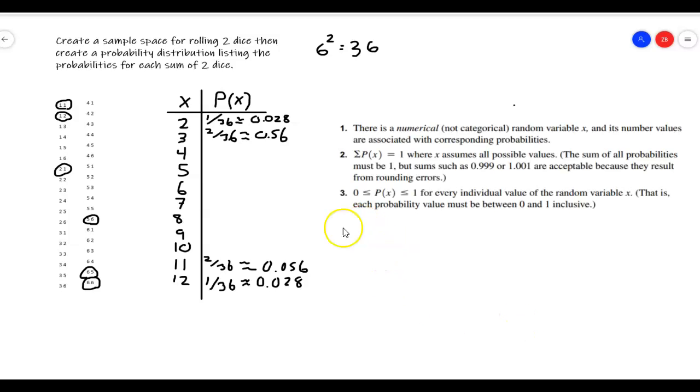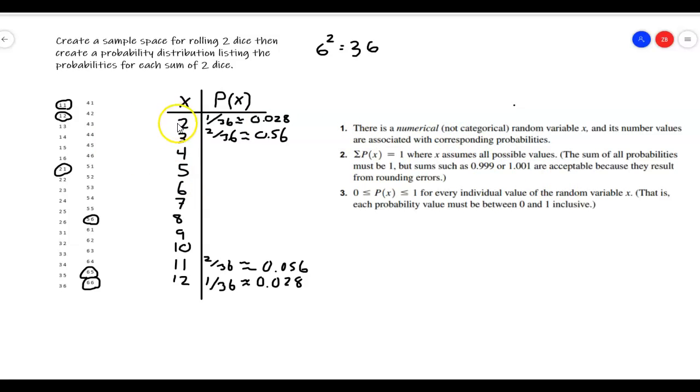All right, so here's the 3 requirements, and these are also on page 187. And I just wanted to explain these while we have the probability distribution up. So the first one is that there's a numerical, not categorical, but numerical random variable x. So here's the random variable x, and this has to be numerical. That means it has to be something that can either be counted or measured. It can't be categorical.